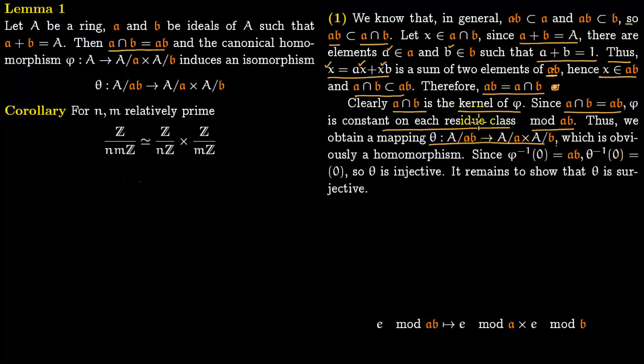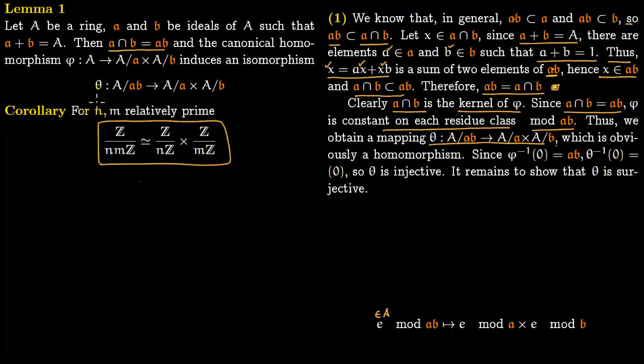Whatever we have said here is very natural, because you can simply see this mapping as taking an element e of the ring modulo AB to e modulo A times e modulo B. And in case of doubt, you can always rework this example in terms of this map.